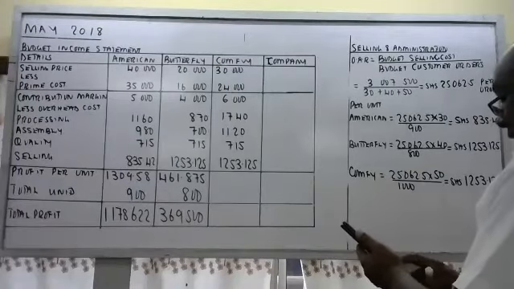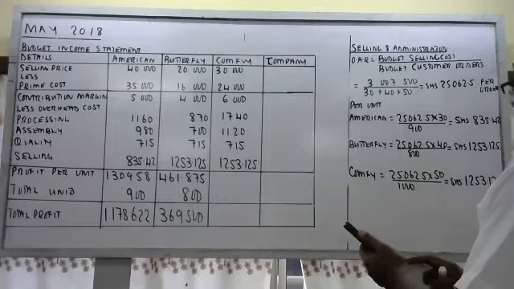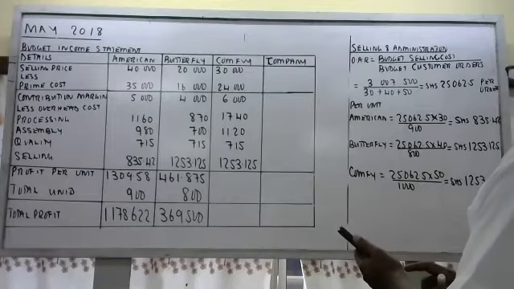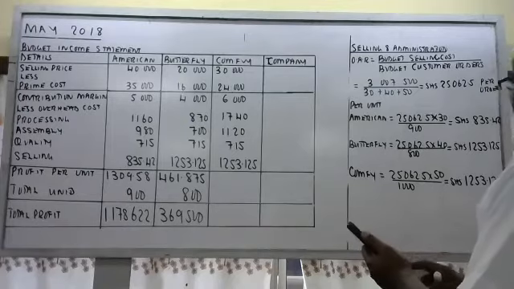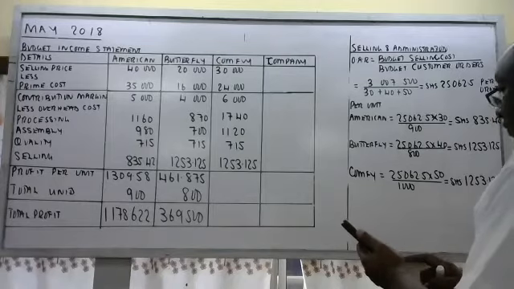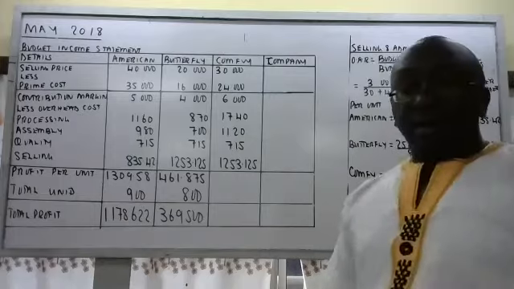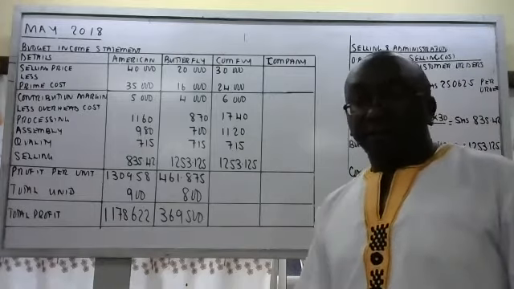Let's do the same with Comfy. 76,000 minus 1740 minus 1120 minus 715 minus 1253.125. Send me the figure.